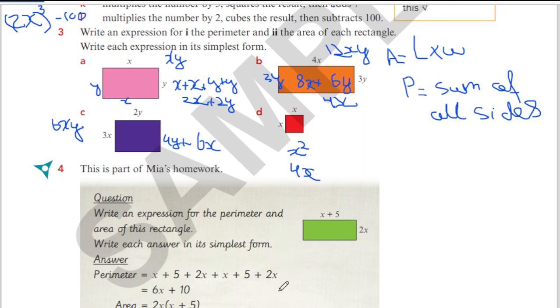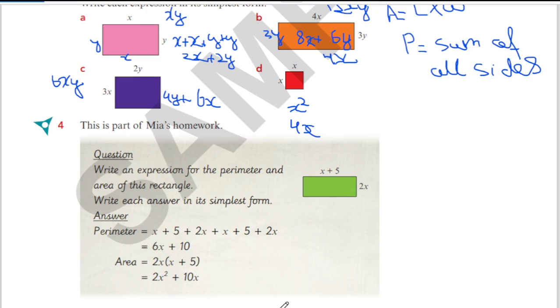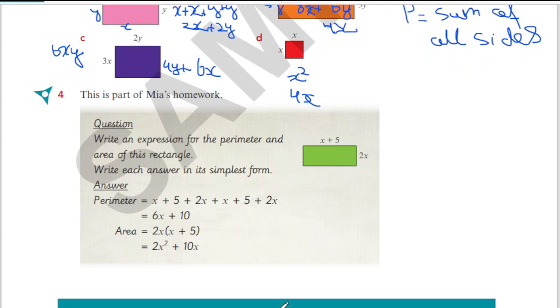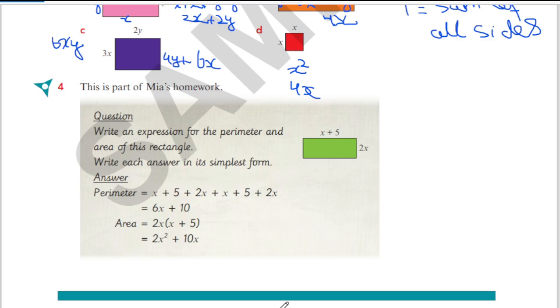In question number 4, they are saying that it's Mia's homework. He solved this rectangle and found the perimeter and area of this rectangle. So they're asking whether these expressions are right or not. So x plus 5 plus x plus 5, and this 2x with 2x.